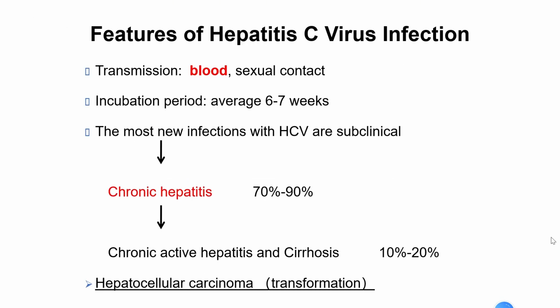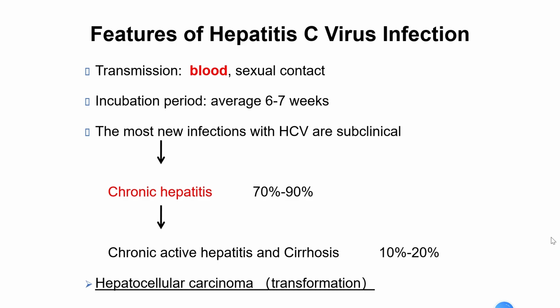And transmission of HCV is pretty much the same as HBV, like blood products and sexual contacts. So that's similar to HBV. The incubation period averages from 6 to 7 weeks.